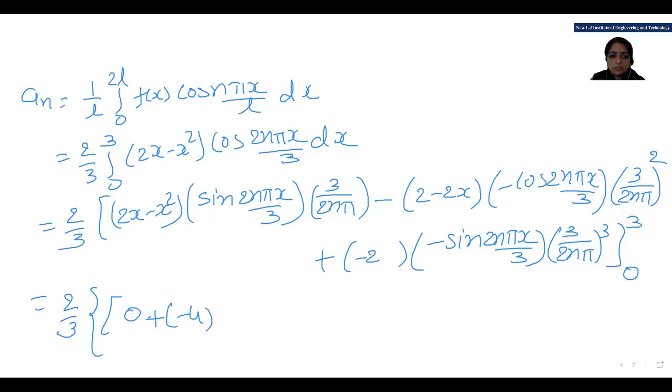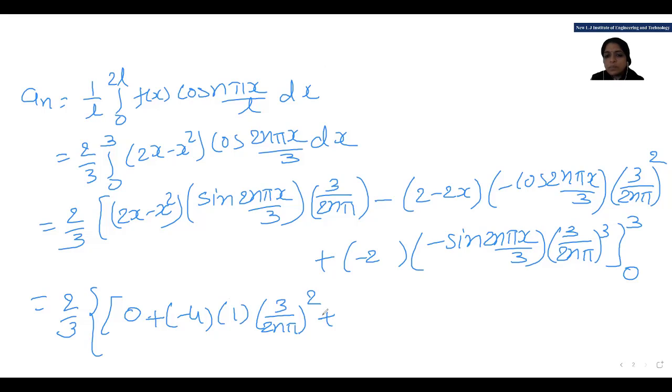Okay. So, for the upper limit, if I substitute here 3, then sine 2n pi is 0. For here, 2 minus 6, that is minus 4. And if I substitute here 3, then cos 2n pi, cos even pi is always 1. And this one is 3 upon 2n pi whole square. And for the last term, for 3 sine 2n pi, both 3 will be cancelled, right, in the third term.